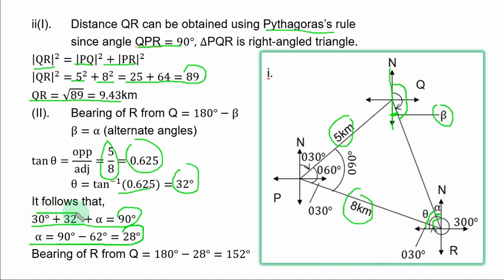If you add these two angles, you have 62. So therefore, bearing of R from Q is 180 degrees minus 28 degrees, and that is 152 degrees.